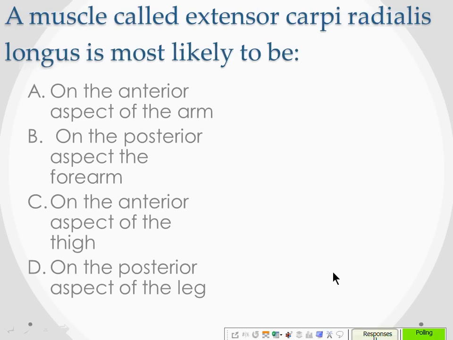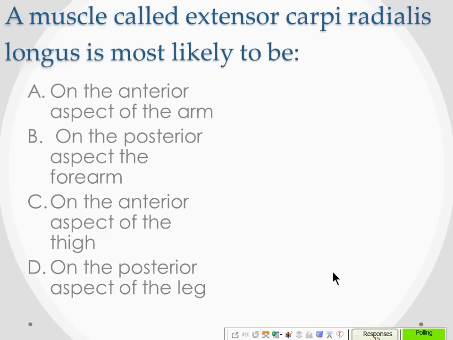So think of this question. A muscle called extensor carpi radialis longus. What is it going to be associated with? Two words in that should give you a hint to where you're going to find the muscle.